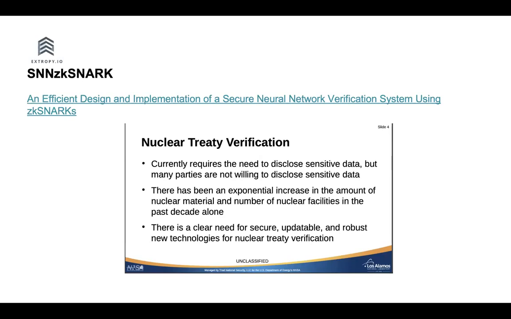These slides, by the way, are from Los Alamos, and this is the project that they did to prove that they are in compliance with treaties. The idea being that they can prove that they've dismantled various nuclear weapons.